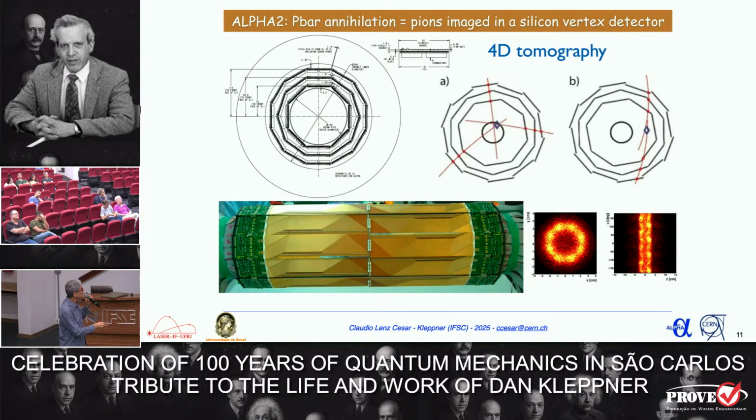These charged pions leave charge in these silicon plates, okay? And the silicon has lines and columns. So you have pixels in the silicon that you can read, you can amplify, and the computer can know exactly in a very short time that a pion passed through here, deposited charge here, another one deposited here, and then I can retrace this ray.